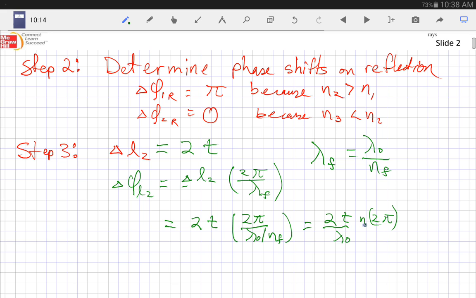I just put the n on top. That's what the simplification was. The other parts were just rearranging. So that's the phase difference because of the length difference. So we had 2 phase different parts, one for the reflection, one for the path length difference.